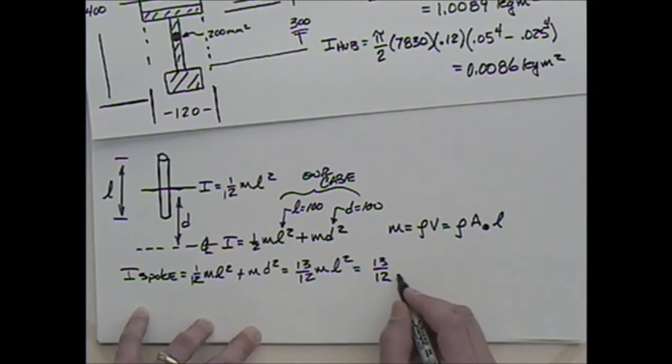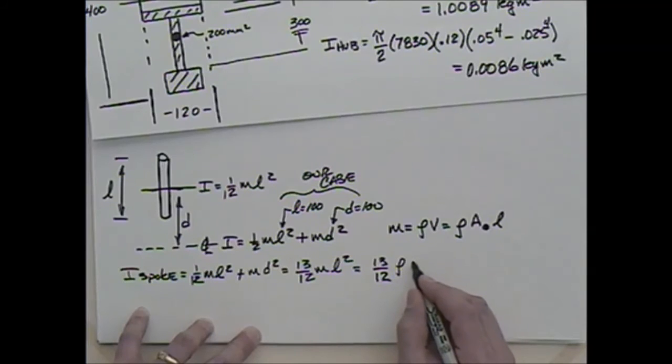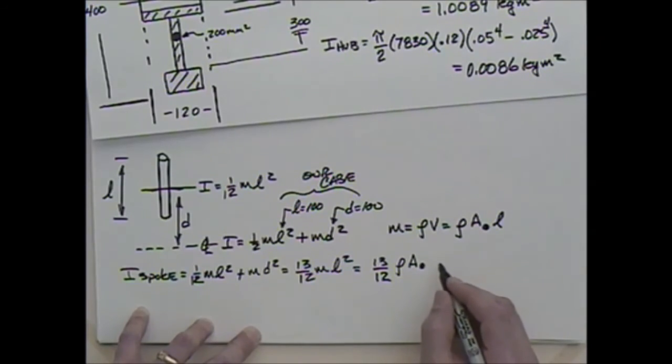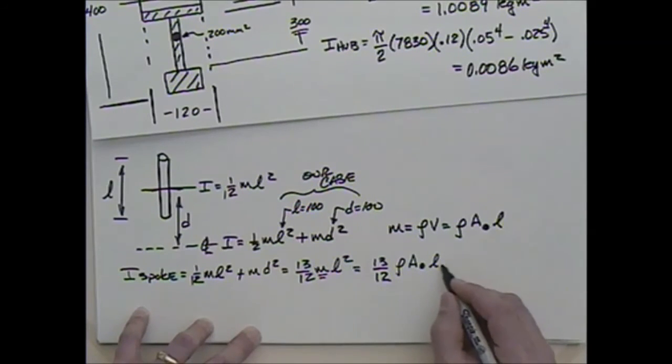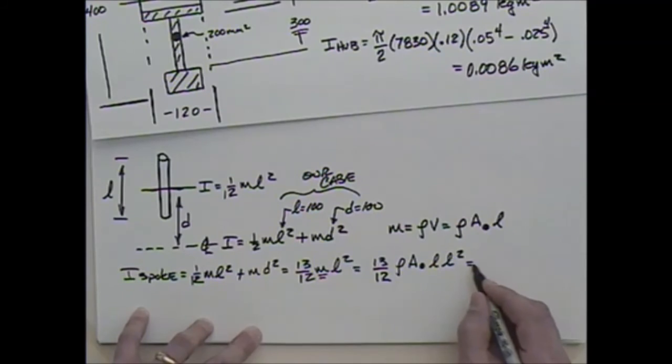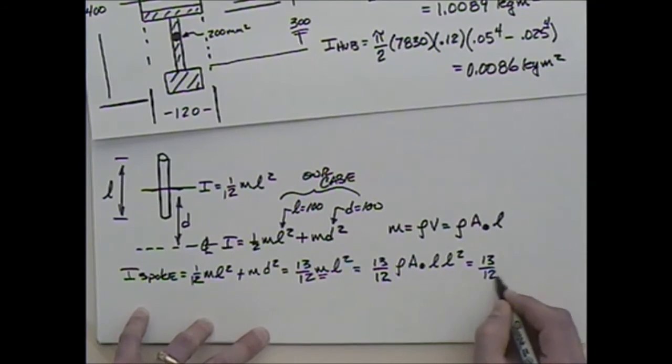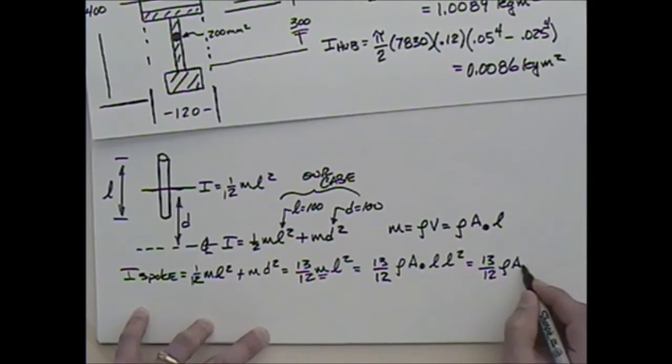So I've got 13/12, the mass, which is rho times the area of the circular cross section times the length, times the length squared. So I could say that this was 13/12 rho times the area of the circular cross section times the length to the third power, right?